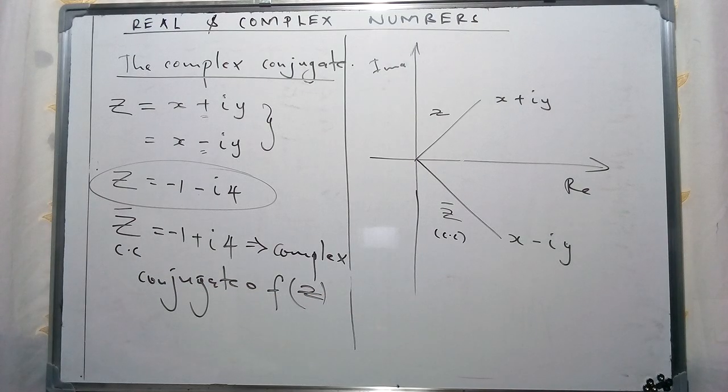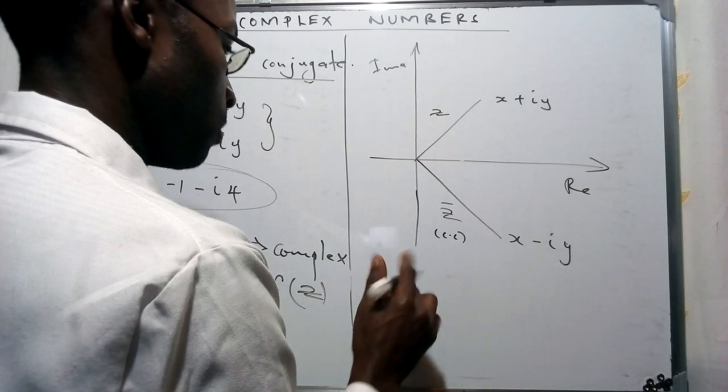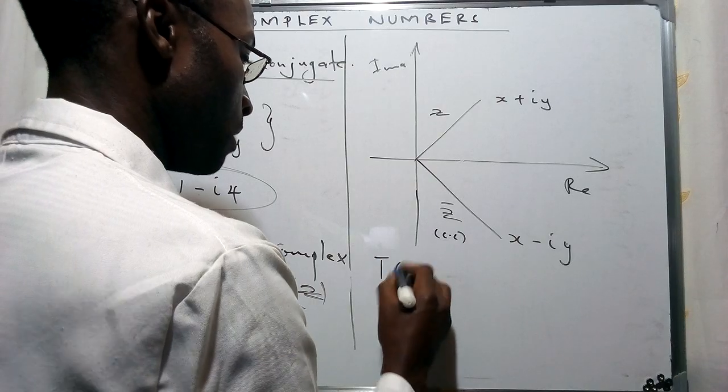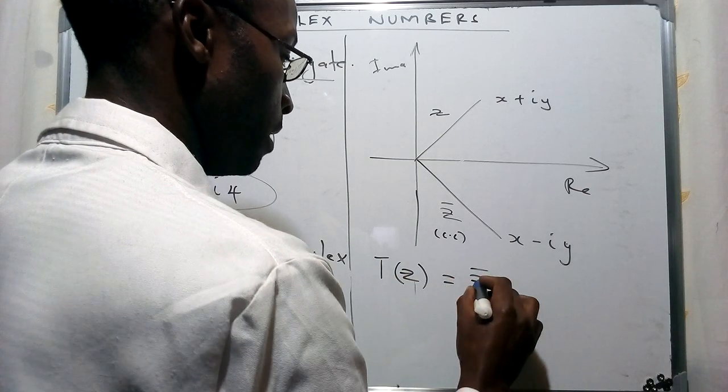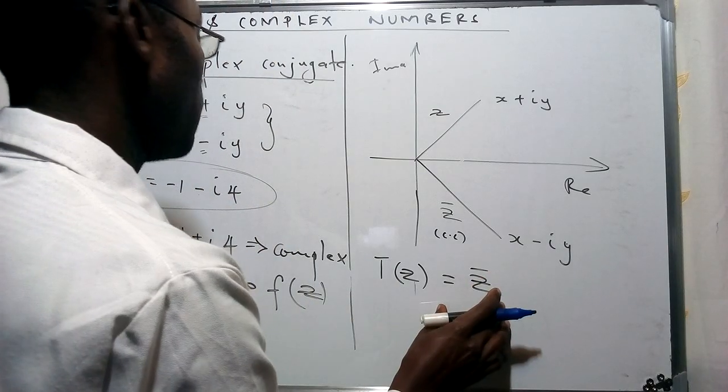And if we look at this graph from a transformation perspective, the phasor z has been transformed to achieve the complex conjugate.